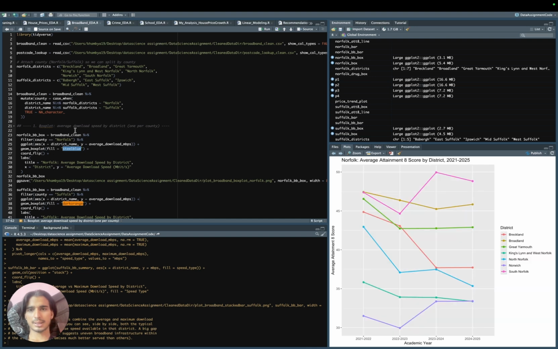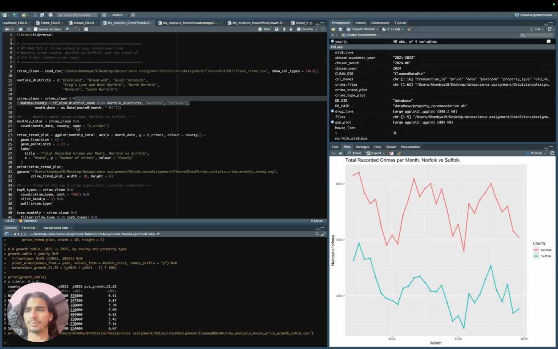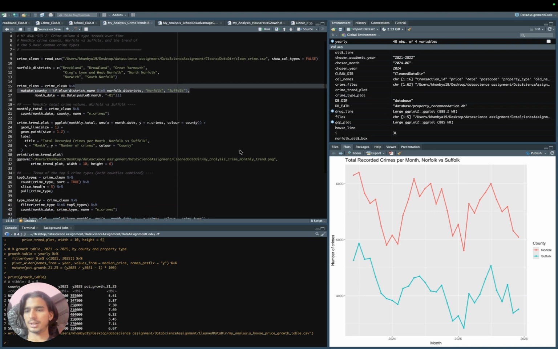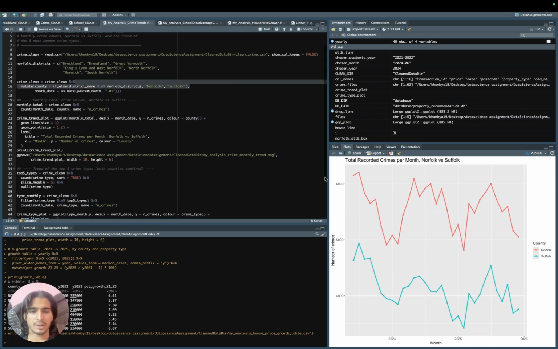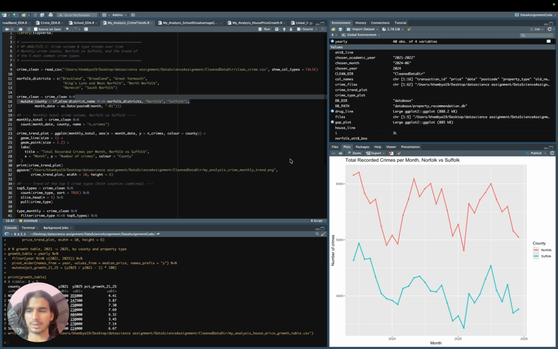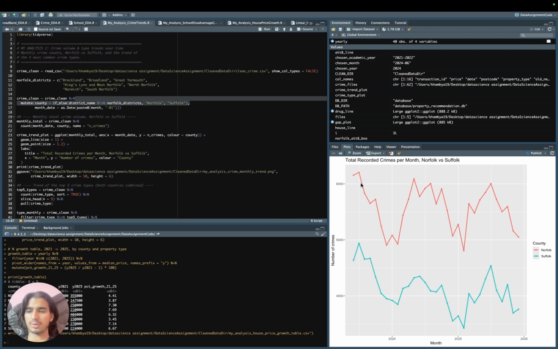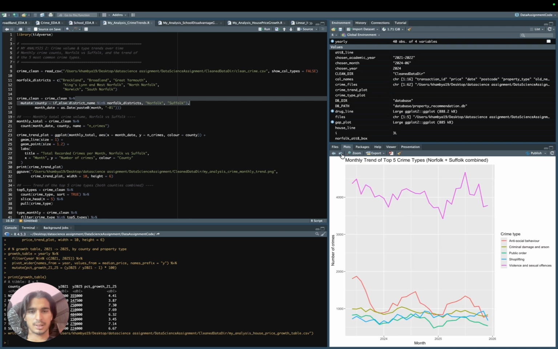And beyond what was required, I also did three analyses of my own. First, I looked at the crime trend over time and found Norfolk consistently has more crime recorded than Suffolk, and we can see that in this graph.